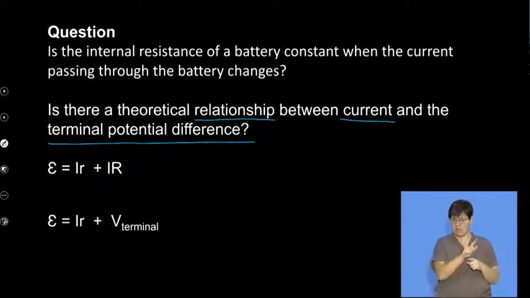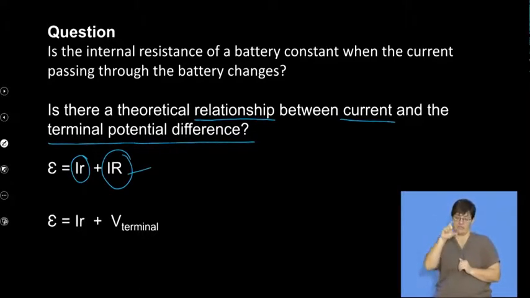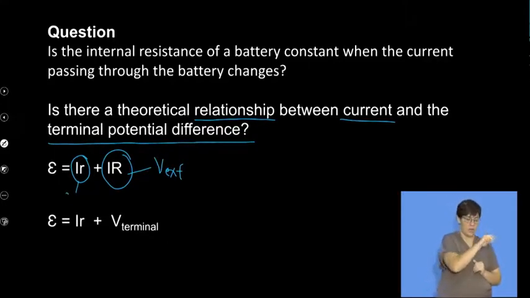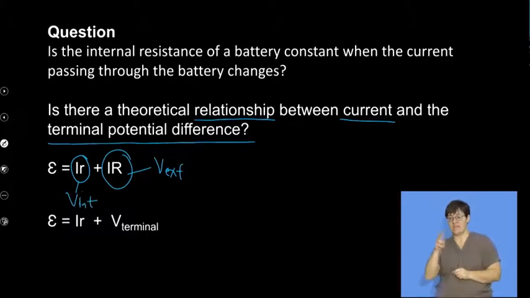But bear in mind the equation: EMF, which is the maximum energy per coulomb of charge that can be dissipated by the battery, is equal to the internal or lost volts plus the external voltage, which is V terminal. So this is our V external, in other words. Take note of the notation, and that is our V internal. The maximum energy dissipated by the battery per coulomb of charge is split between the internal and external voltage or potential difference.